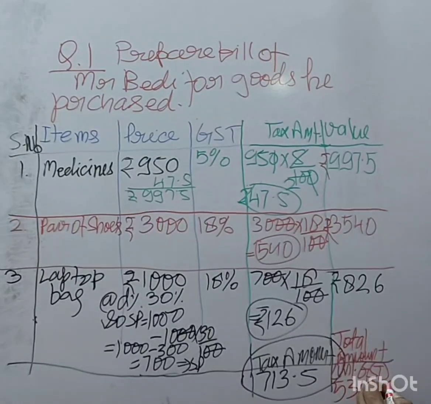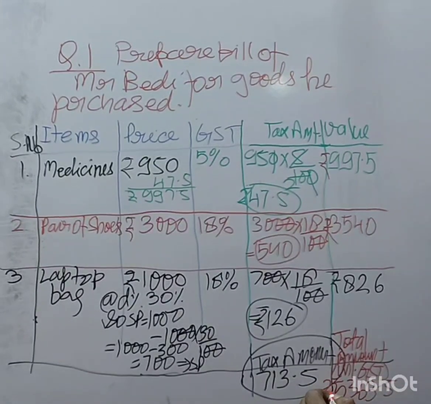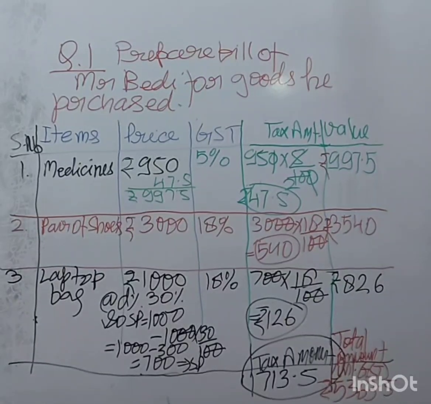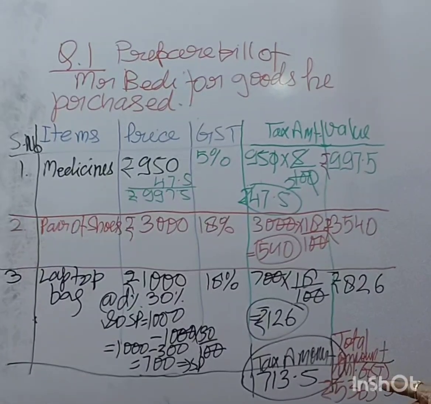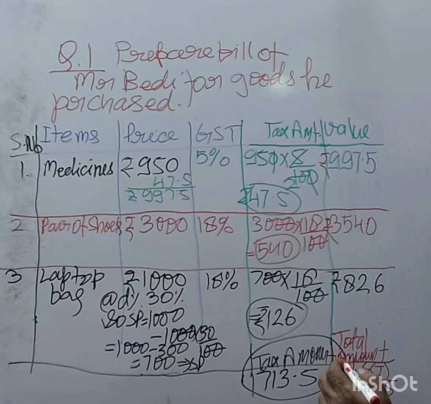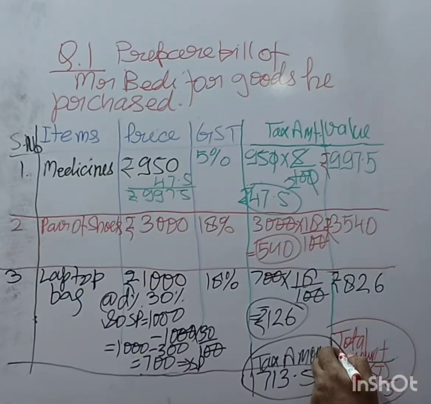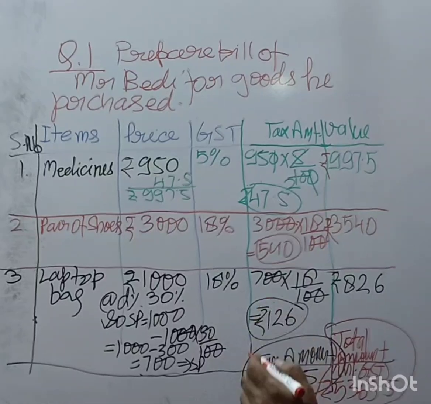63.5 rupees. This is the total amount paid by Mr. Bedi. Right? So this is the net amount he paid. So your question was like this. You have to find the tax amount.